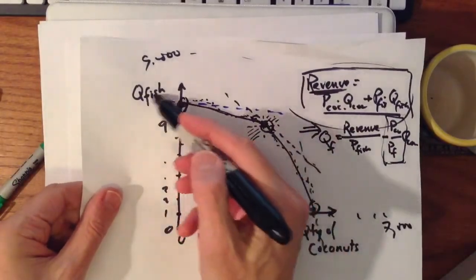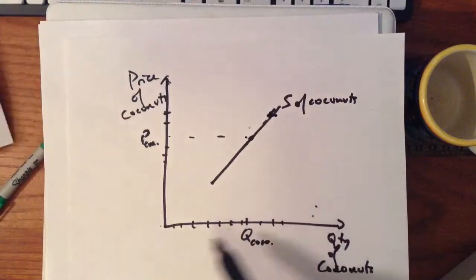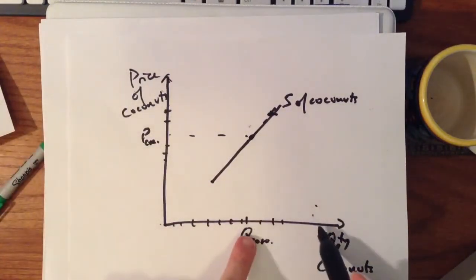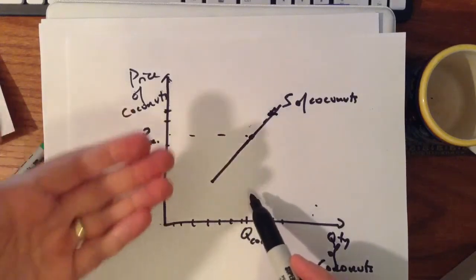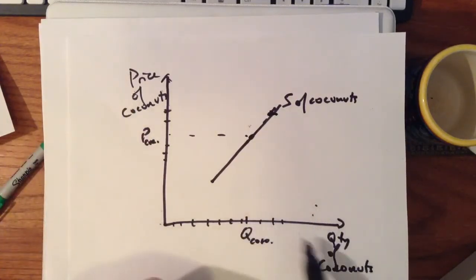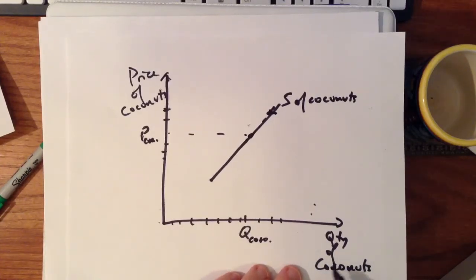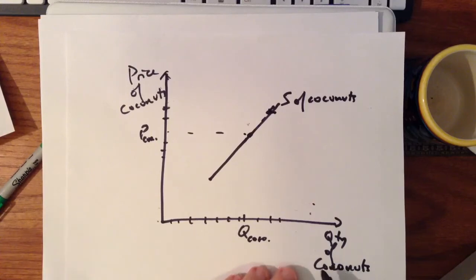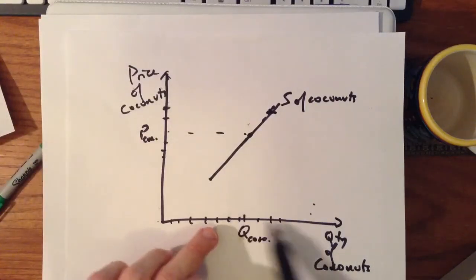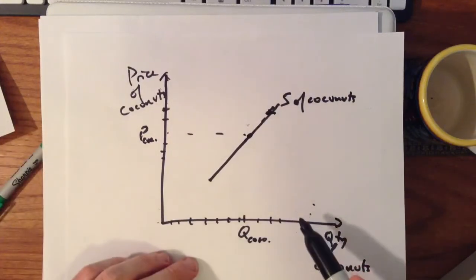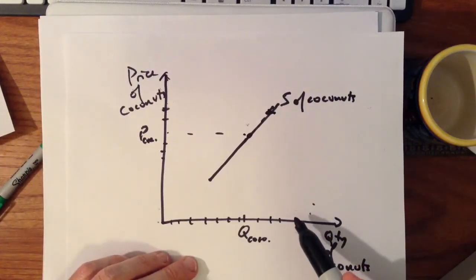In this two-dimensional slice, it's at the expense of fish, but in some other dimensional slice, getting more coconuts from a higher price of coconuts might come from more effort, more work. It might come from less of other things I might do, like Robinson Crusoe might be playing music or making clothing for himself, and the higher the price of coconuts, the more coconuts he would make. It would come at the expense of the music and the clothing he's making for himself.